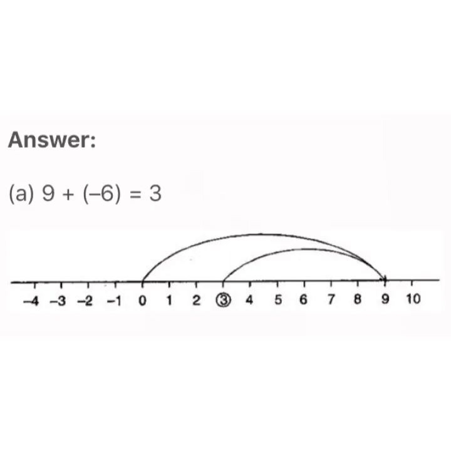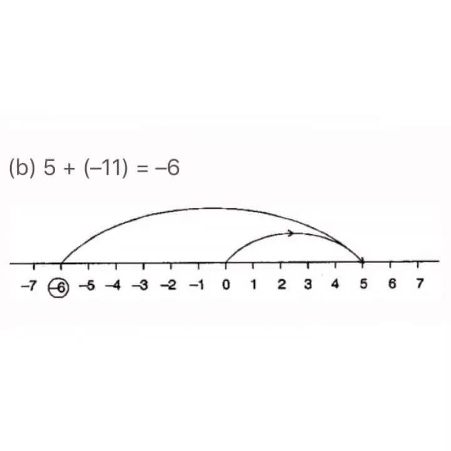We have already learned, children, that as we move left on the number line, the number becomes lesser. So here when we are moving 6 steps left to 9, we get 3. Now children, next one is 5 plus minus 11. Children, here 11 is greater number. So 5 plus minus 11 is minus 6.